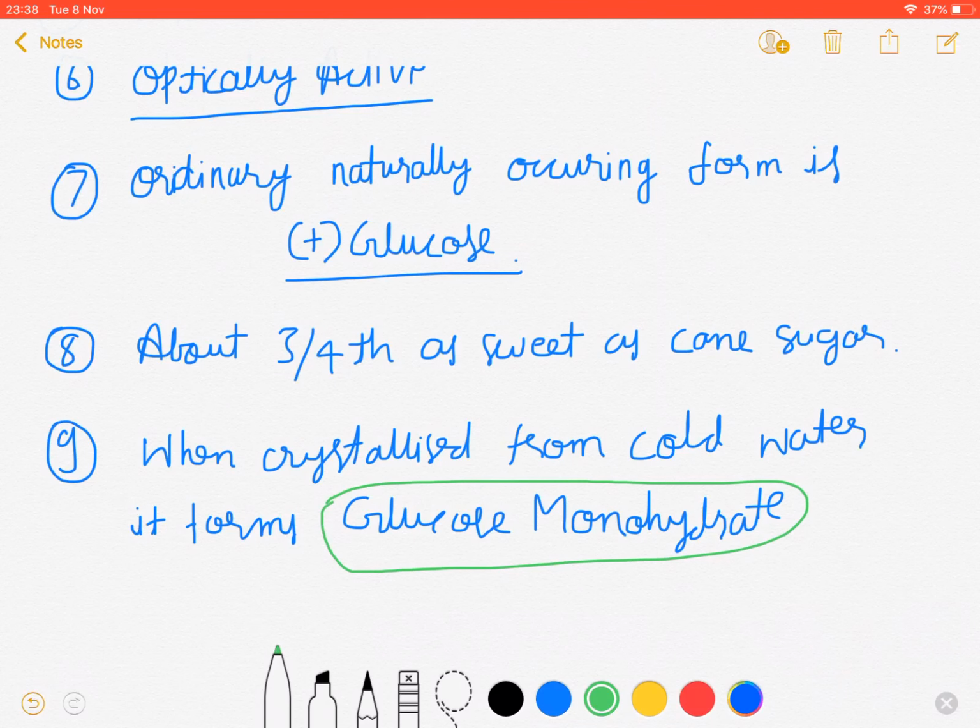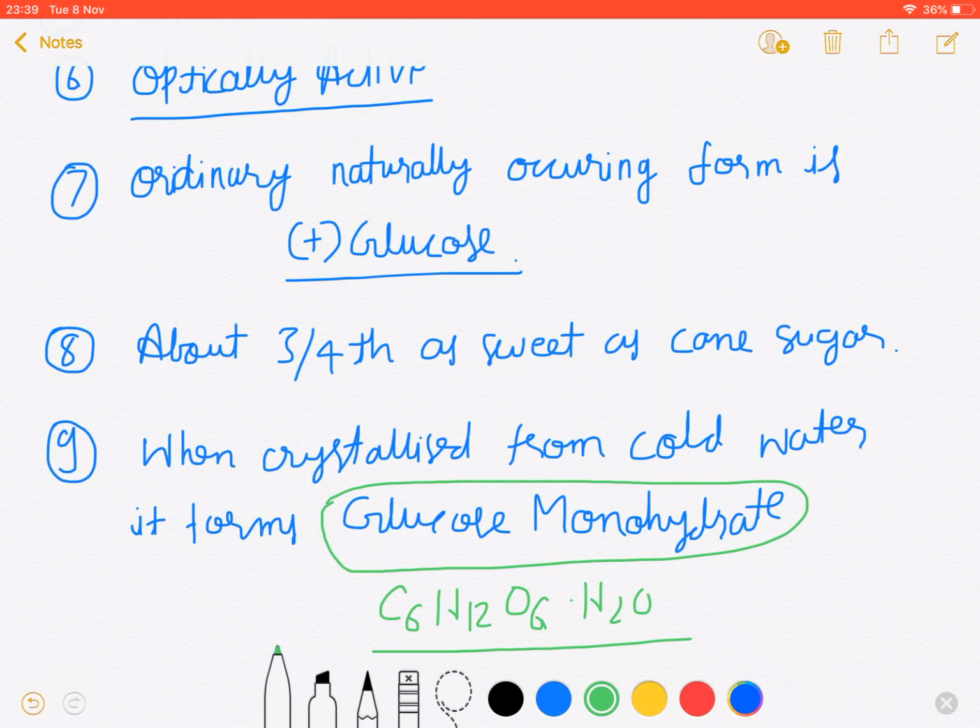The process of crystallization you can take a look at in the basic organic chemistry which you study in high school. But here I'm going to discuss that when it is crystallized from cold water, it forms glucose monohydrate, and the formula of glucose monohydrate is going to be C6H12O6·H2O. This is formed when glucose is crystallized from cold water.